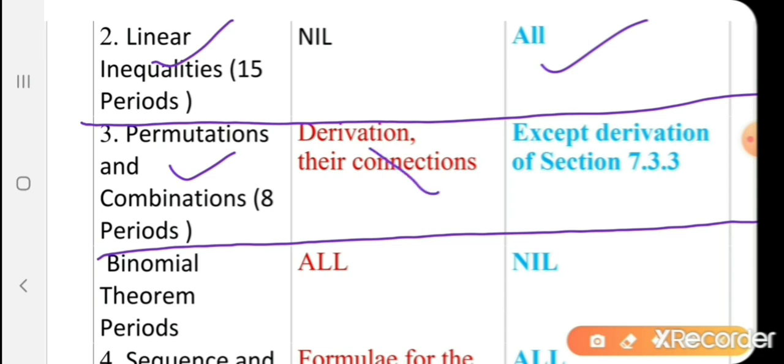We have to read all except the derivation in section 7.3.3. And the binomial theorem part is not in this year. There is no need for the binomial theorem. This is excluded.